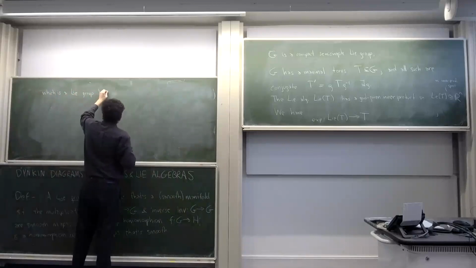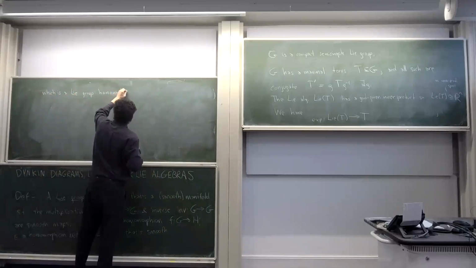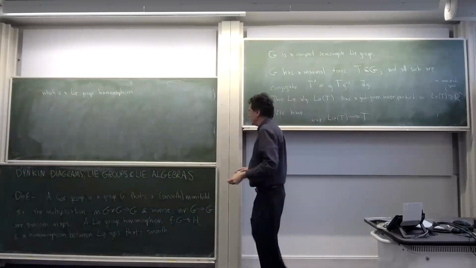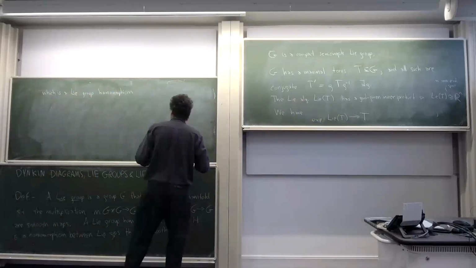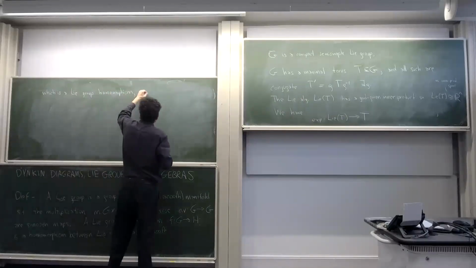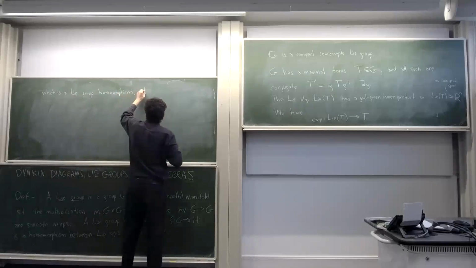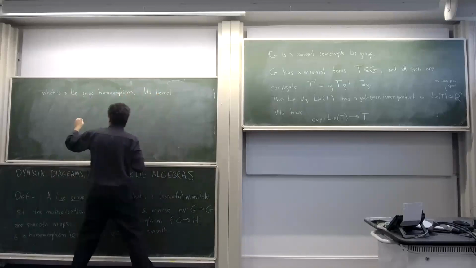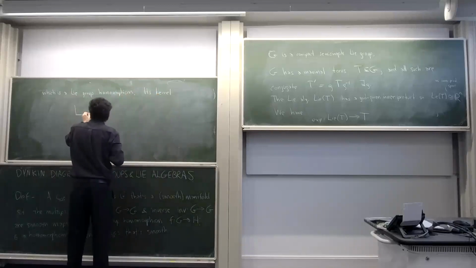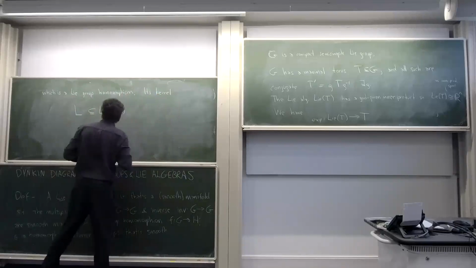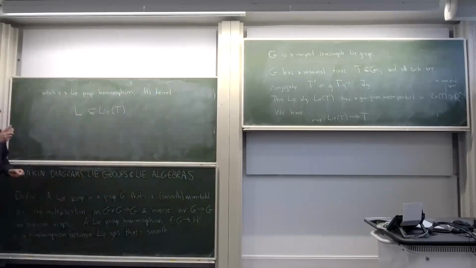So Lie of T, you can think of it as a Lie group, even though it's a Lie algebra. So it makes sense to say that this is a Lie group homomorphism. And the picture should be something, well, I'll bring in the picture in just a second to help you out. So you can talk about its kernel. Let me call that L. So that's some subgroup of Lie of T. And it turns out that that's a lattice.